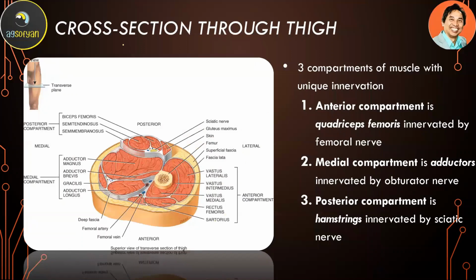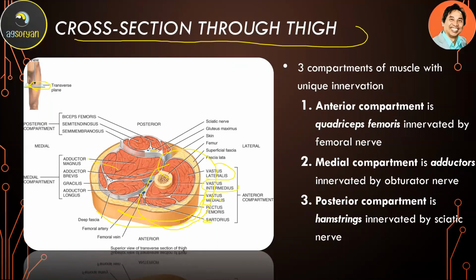Okay, if we cut cross sections through the thigh, there will be three main compartments. When we cut the thigh, in cross section, you're going to see three compartment groups of muscle. In the front and side, you're going to see the quadriceps femoris, which consists of four muscles.